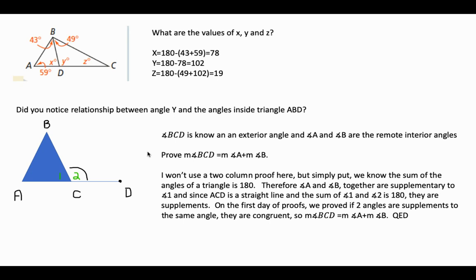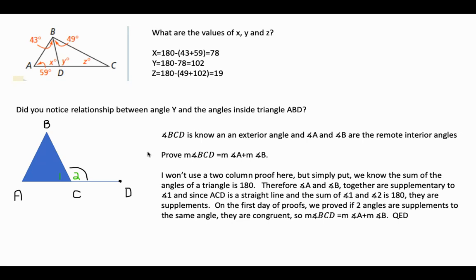And so we're going to prove that angle BCD, or angle 2, is congruent to the sum of the remote interiors. Now, I'm not going to use a 2-column proof here, but simply put, we know the sum of the angles of a triangle is 180 degrees. We just proved that. So therefore, A plus B together are supplementary to 1.